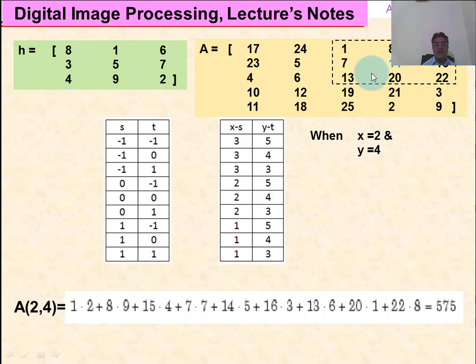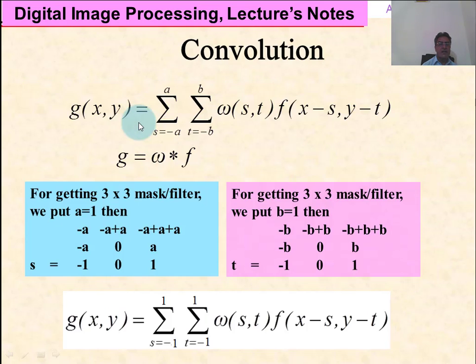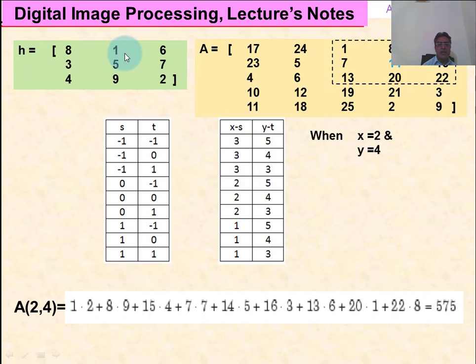What is the 3, 4 location? Third row and fourth column, that is 20. 20 will multiply with the second value of the kernel, that is 1, because the minus 1 and 0 location is the second location of the kernel. So this 1 will multiply with this 20, and here 1 is multiplying with 20.